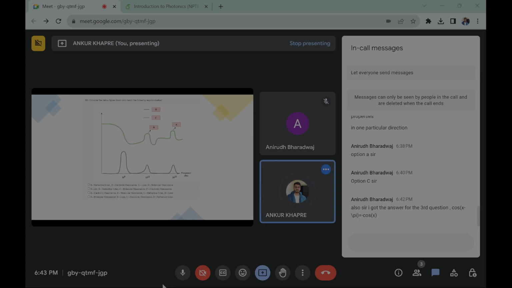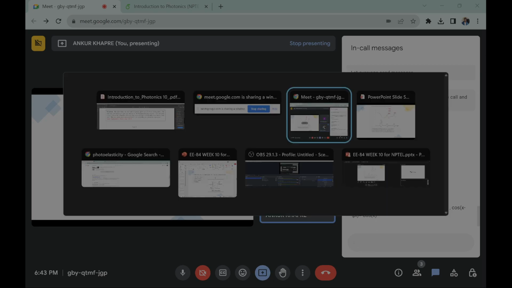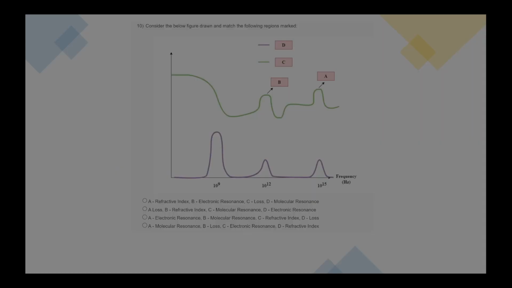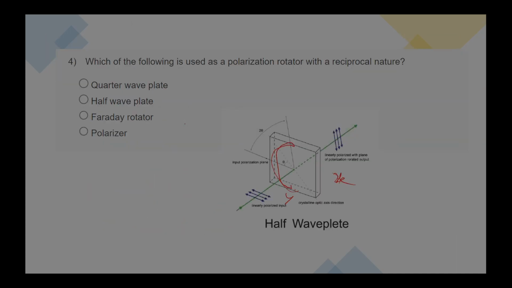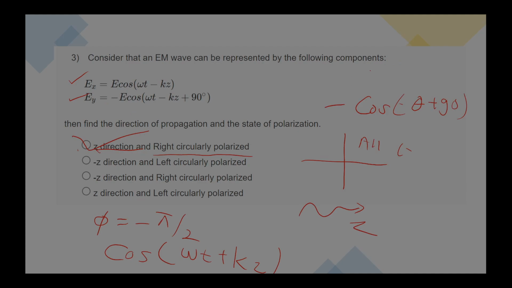Okay, so you are saying cos(x minus pi) is equal to minus cos x. Next question is the third question. Here option C is correct. Yeah, okay, we got it.